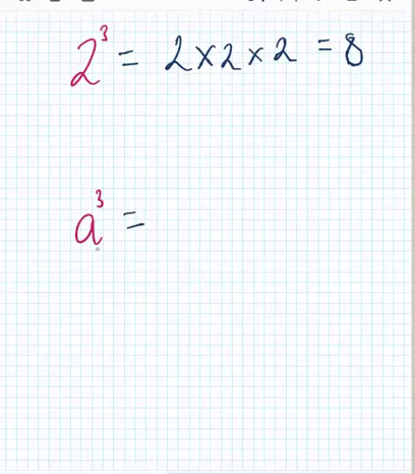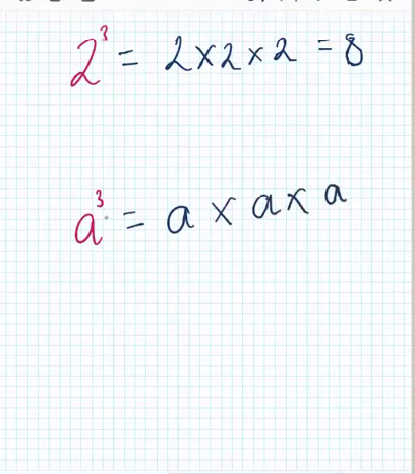Even though we don't know what A is, it's still a number, and we still have A times A times A. And to go back to this, that's where we add the invisible power 1. That 2 also has an invisible power 1. That's why 2 times 2 times 2 equals 2 to the power of 3.